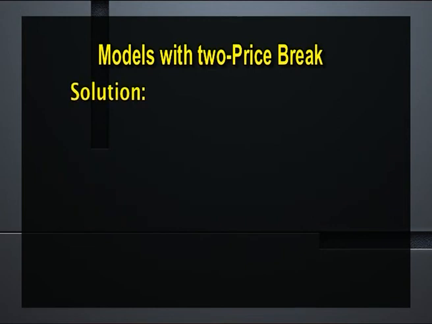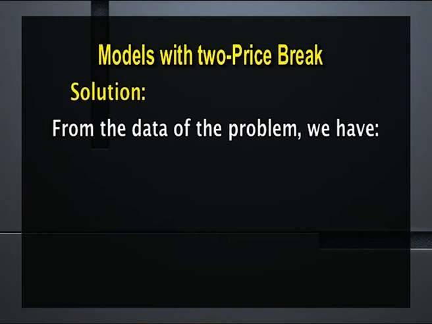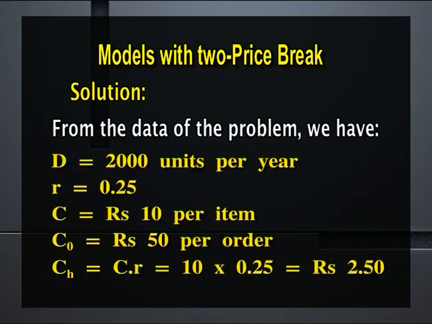Now coming to the solution. From the data of the problem, we have D is equal to 2000 units per year, R is equal to 0.25, C is equal to rupees 10 per item, C naught is equal to rupees 50 per order, and CH is equal to C into R is equal to 10 into 0.25 is equal to rupees 2.50.